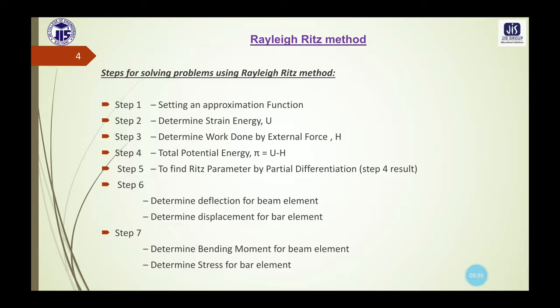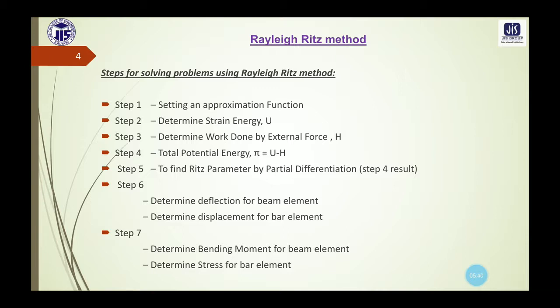Next, in step 5, we have to find the Ritz parameter by partial differentiation. After that, in step 6, we need to determine the deflection for a beam element and the displacement for a bar element.